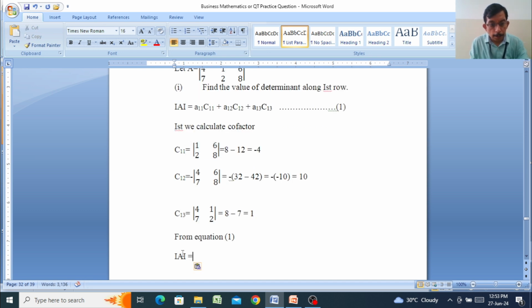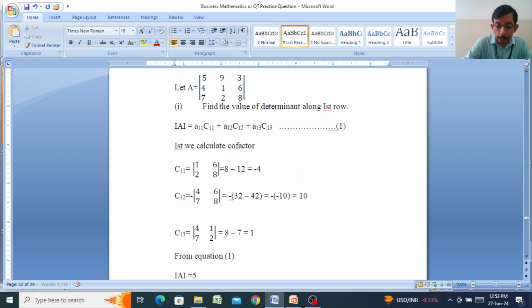A11, the first row first column value, is 5, multiplied by C11, which is minus 4, plus A12, the first row second column value, is 9, multiplied by C12, which is 10, plus A13 is 3 multiplied by 1.